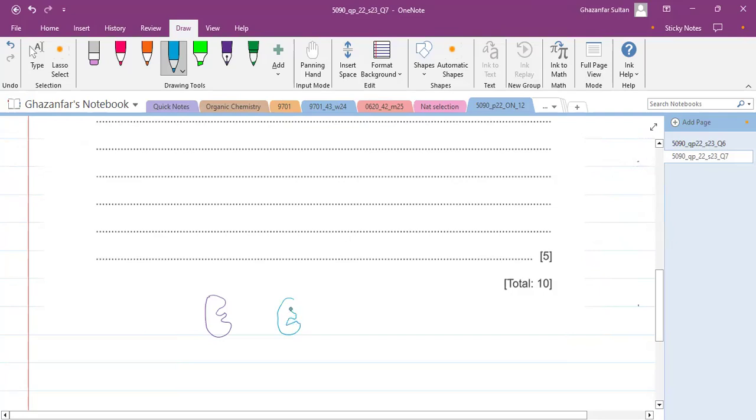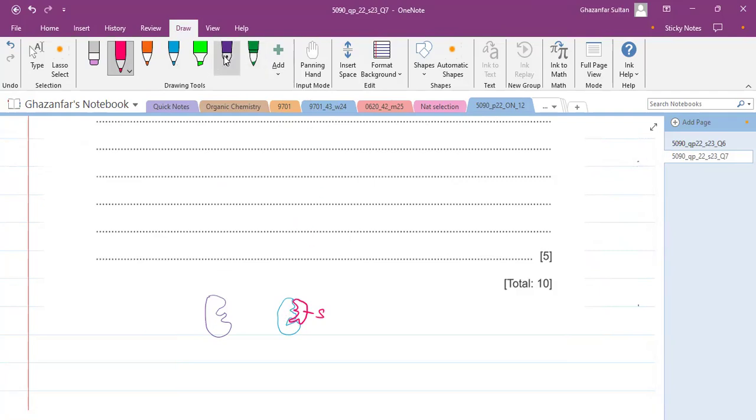For example, now its shape is like this, so that another substrate which is different in shape can be used. So for changing the shape of the active site, we need to change the amino acids in this protein, enzymes being proteins.